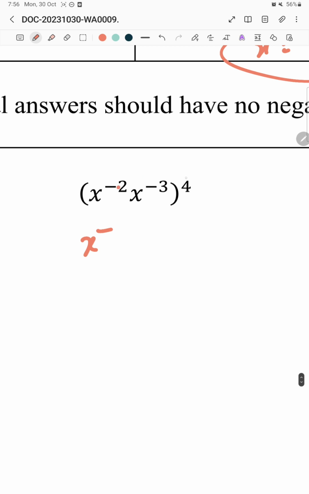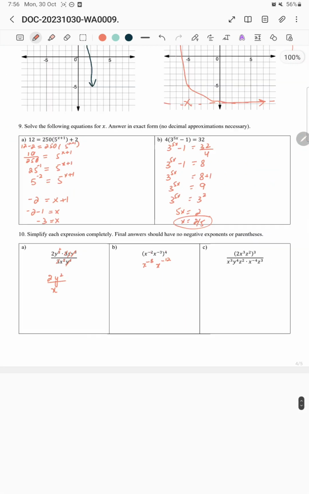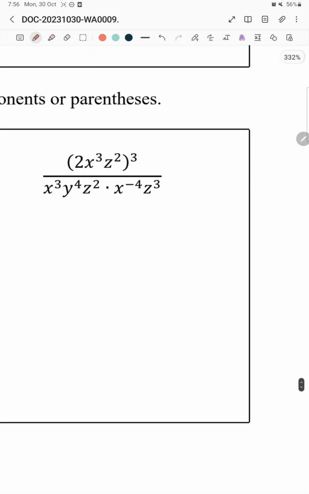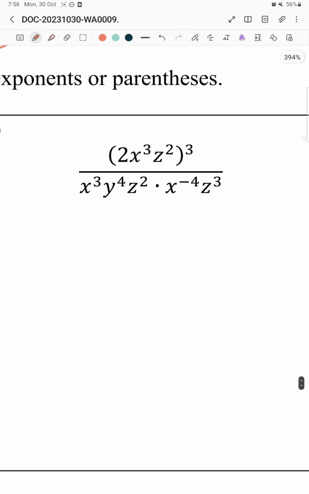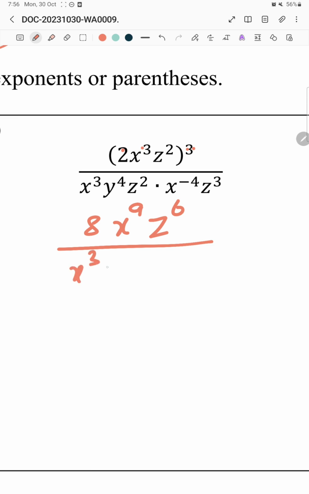X to the power minus 4 times 2 is 8, 4 3 is 12. Okay, so here 2 times cube is x, 3 times 3. It's multiplying over here, so it's going to be x cube into x to the power minus 4. We will get 3 minus 4.